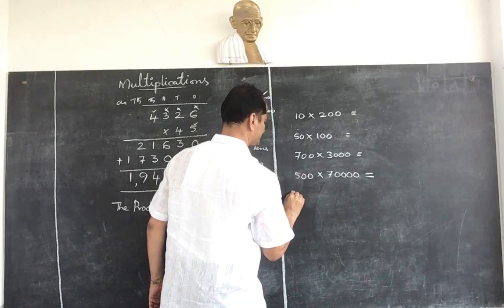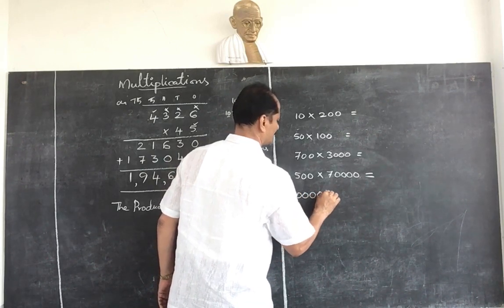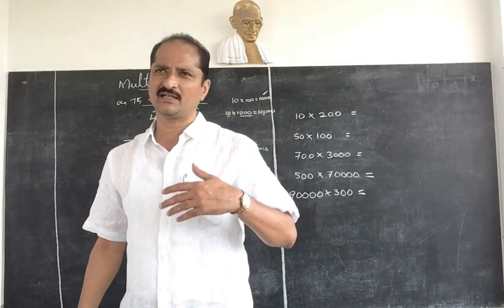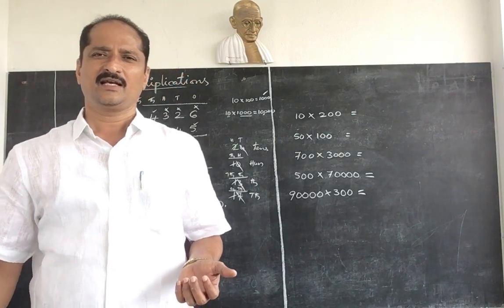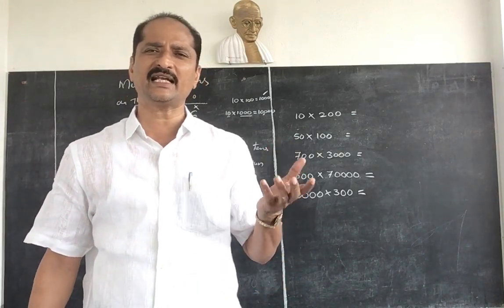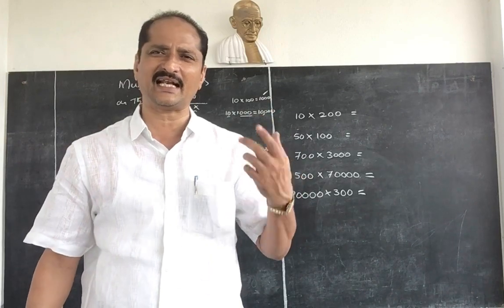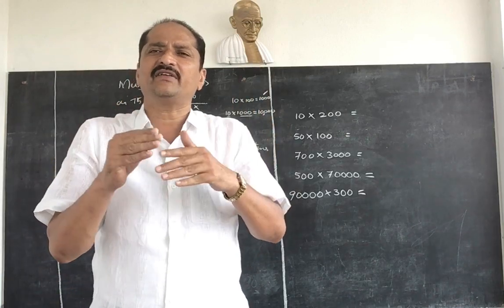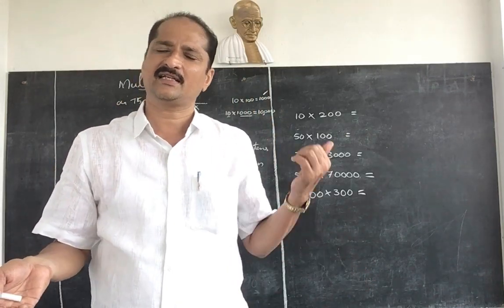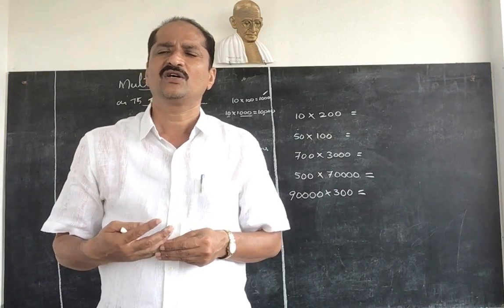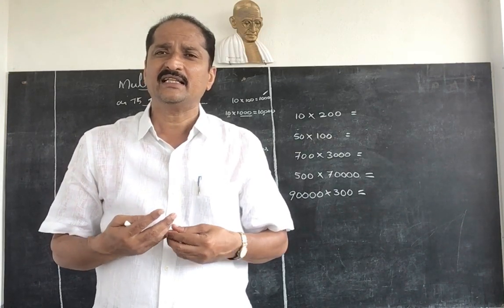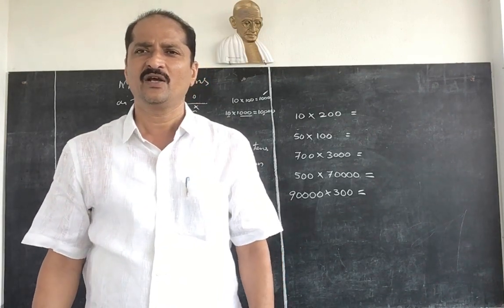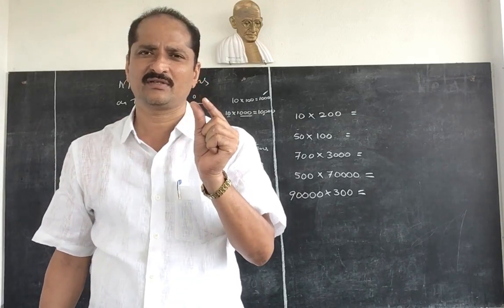So if you are multiplying a number with multiples of ten, multiples of ten means multiplying with 10, 100, 1,000, 10,000, 1 lakh, 10 lakh, like that. So not only 10, 100, and whenever you are multiplying 10 with 30, what happens? That also means the same. Whenever you are multiplying, in the product you will get a number of zeros as usual. We should add the zeros in the product.